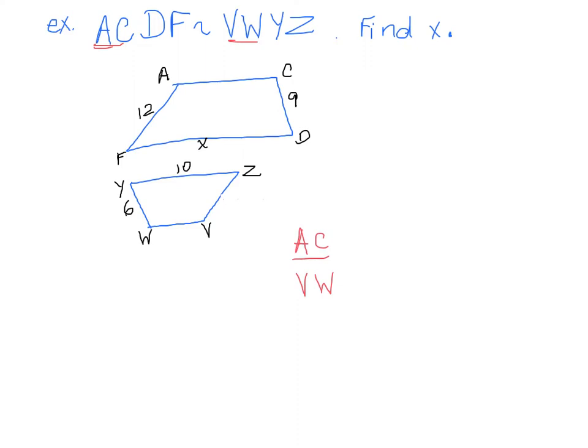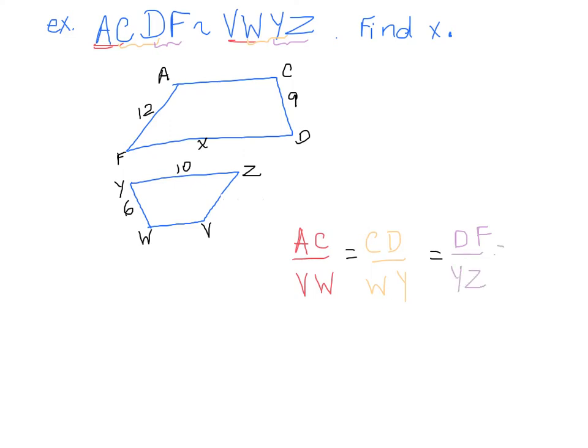But that number is also going to be equal to, and I'm going to switch colors here, the second and third letters here corresponding to the second and third letters here. So that number will also be equal to CD over WY. And I could go ahead and do that again. Let's switch the colors. The last two letters here, the last two letters here. So that will be equal to DF over YZ.